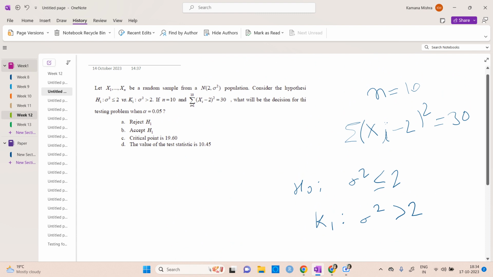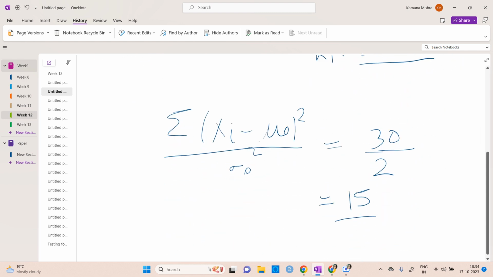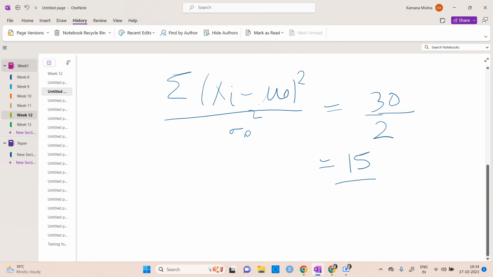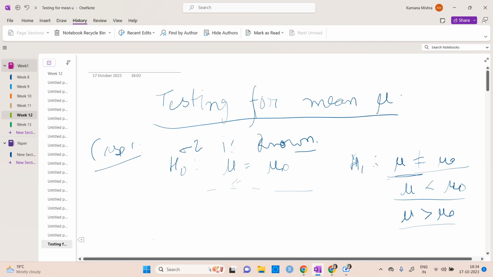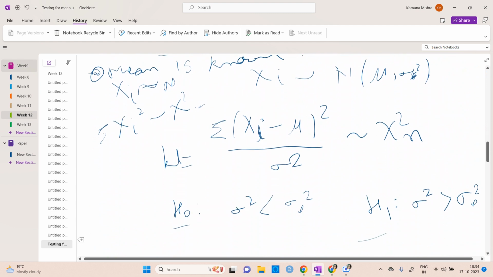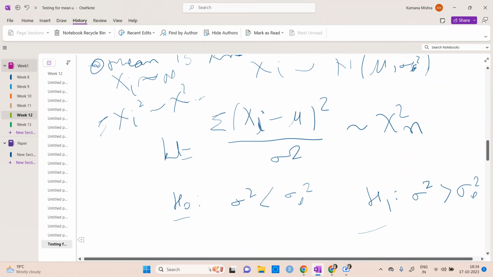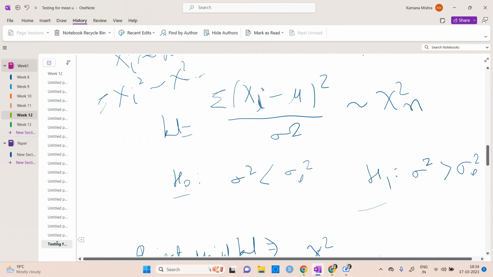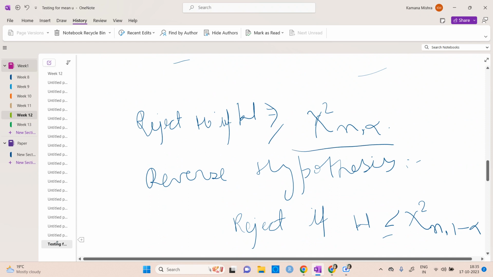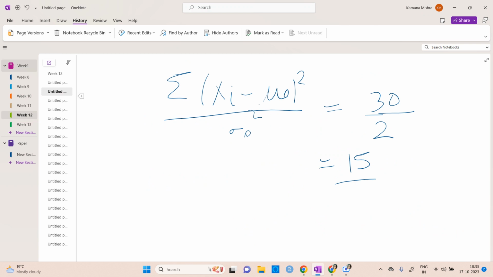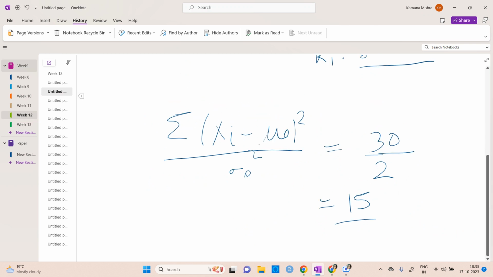Now we need to take this decision for this testing problem when alpha is equal to 0.05. Now you can see this is clearly a one tail test. This is testing for variance, very similar to what I gave earlier. So what we do is that we reject when W is greater than chi square n comma alpha. So now we need the chi square table for this.